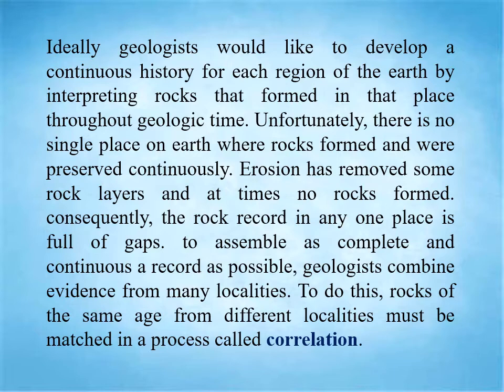Now, for that, geologists combine evidence from many localities. To do this, rocks of the same age from different localities must be matched, must be made equivalent, and this process is known as correlation.